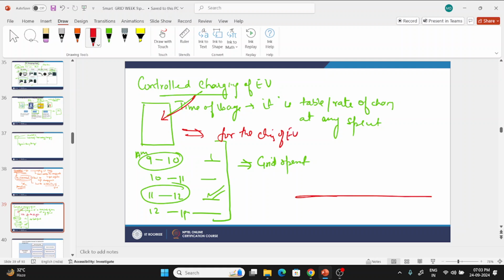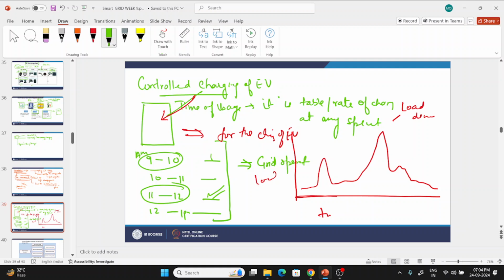It will help in the reduction of the peak load. Like this is the load demand, this is time. So for example, this is the load demand curve of any area, and these are the peak times.